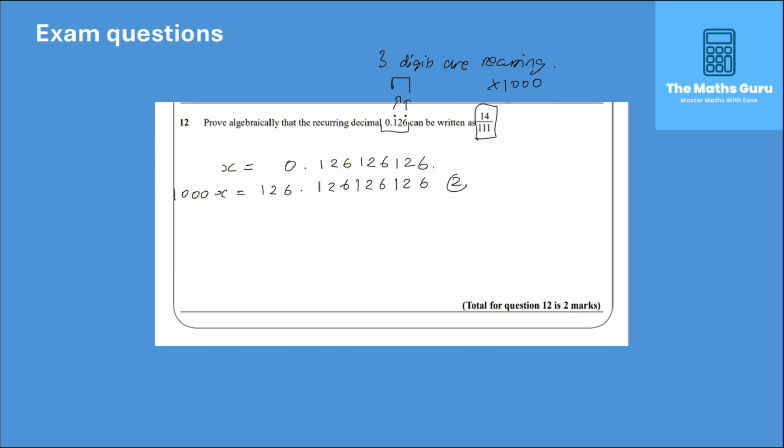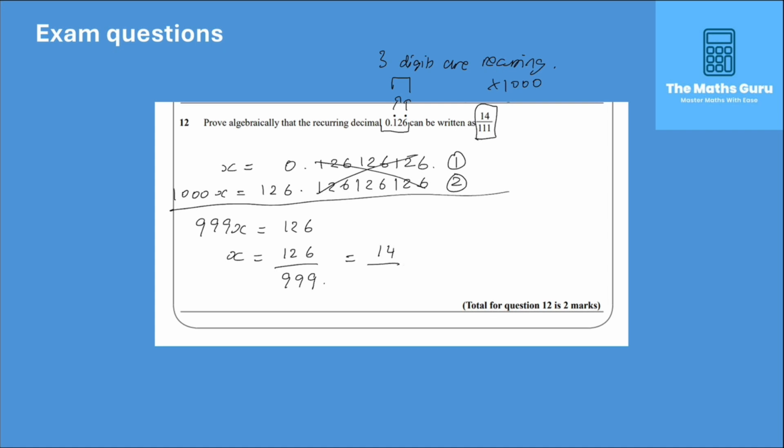Now, minusing equation number 2 from equation number 1, we get 999x is going to be equal to 126 because all of these are going to cancel out. Then x is going to be equal to 126/999. And this is going to be, in its simplest form, 14/111.